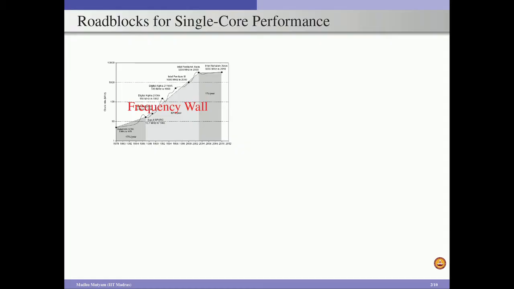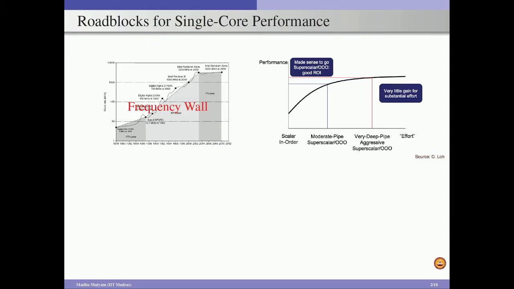The second driving force for going to multi-core systems is the ILP wall, which we already discussed in the superscalar processors. If we go for a wide issue superscalar processor with a deeper pipeline and aggressive superscalar techniques, we can improve the performance. By aggressive superscalar techniques, I mean techniques such as speculative issue of instructions and support of advanced branch predictors.